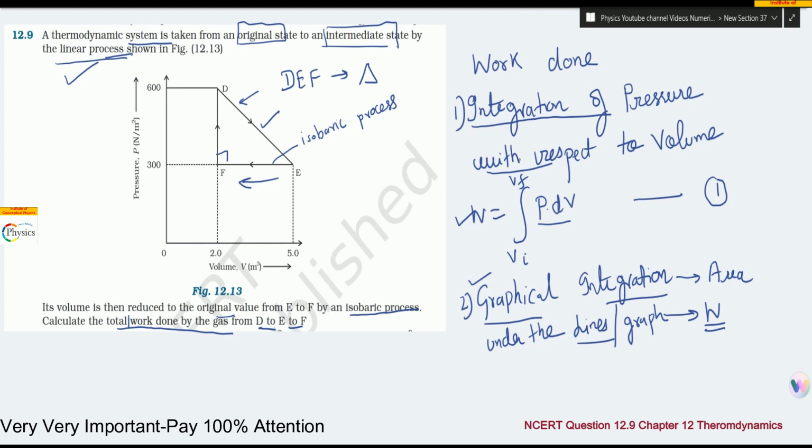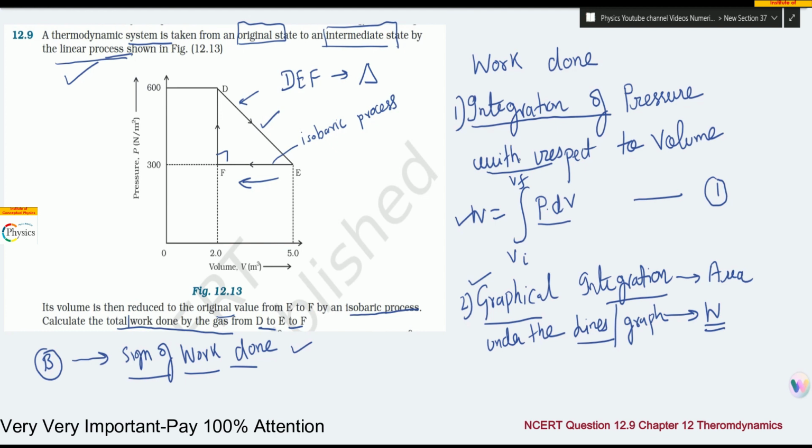The second very important point you must understand is that a lot of students get confused about the sign of work done. So what is the rule for this?